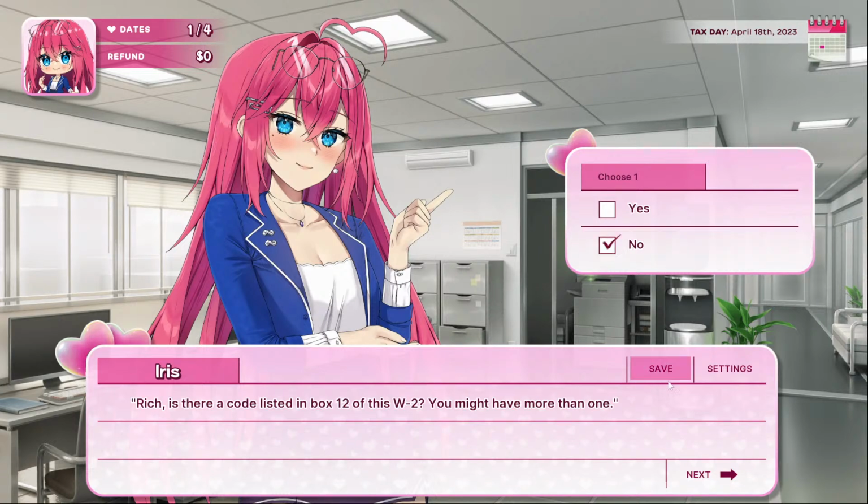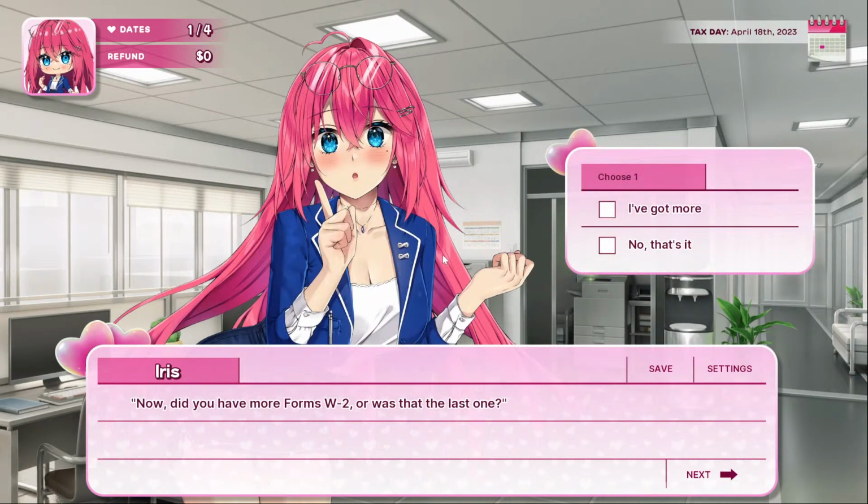No. I have no idea what any of those are. Now, did you have more W2 forms, or was that the last one? No, that's it. Would you even need more than one form?